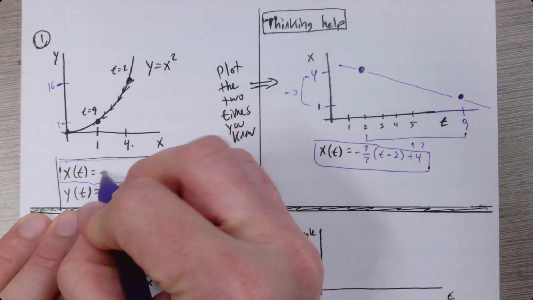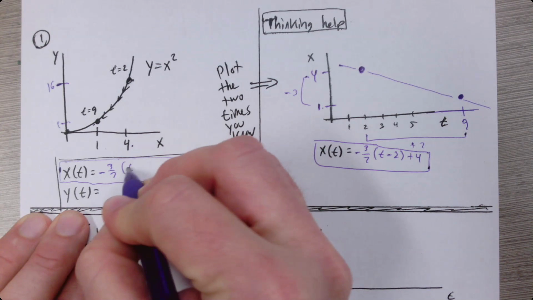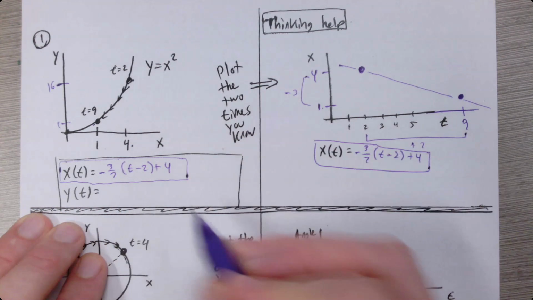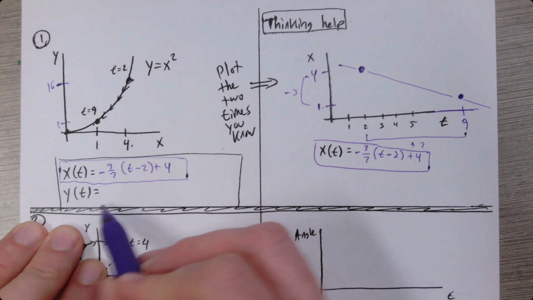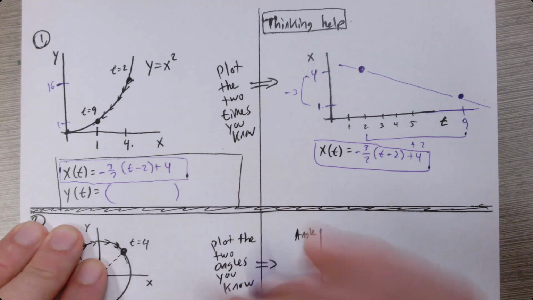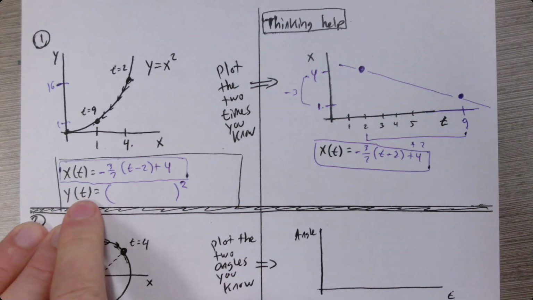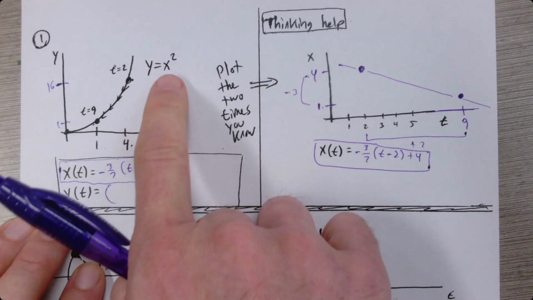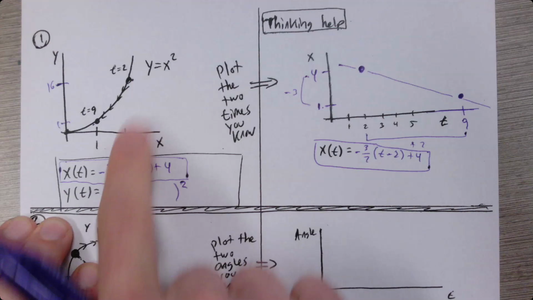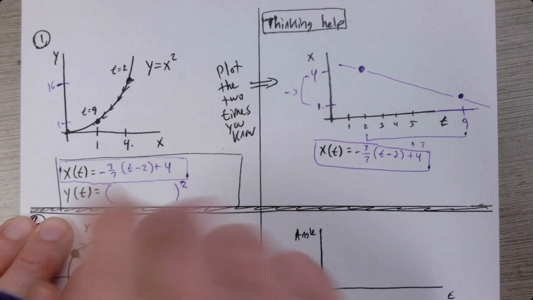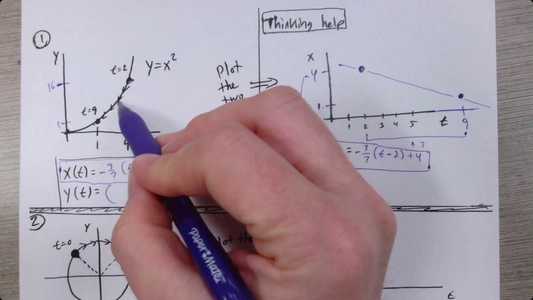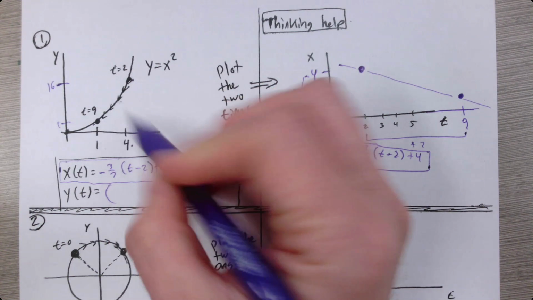So let's rewrite the equation. And the whole idea of parametrically defined equations is if you need to go along a path, my y-coordinate is still going to be whatever my x-coordinate is squared. That's what it means to have xy coordinates on this path. Every single xy coordinate, the y is the square of the x.